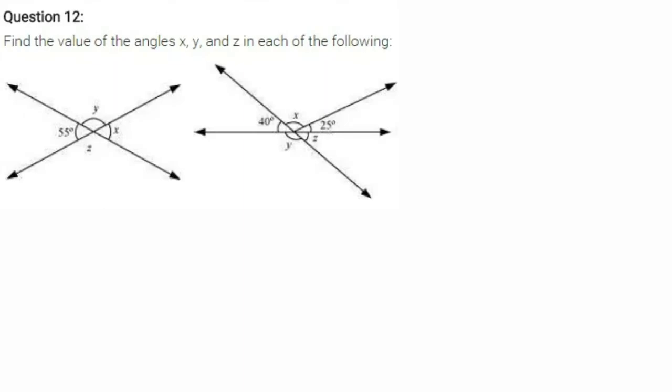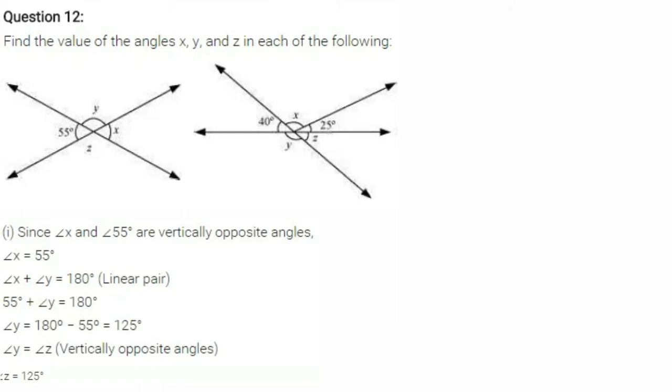Now come to your next question, question number 12. Find the value of the angles X, Y and Z in each of the following. Here is your answer. In the first diagram, or I, angle X and angle 55 are vertically opposite angles. That means angle X is also 55 degrees. Now angle X plus Y equals 180 degrees because they are a linear pair.